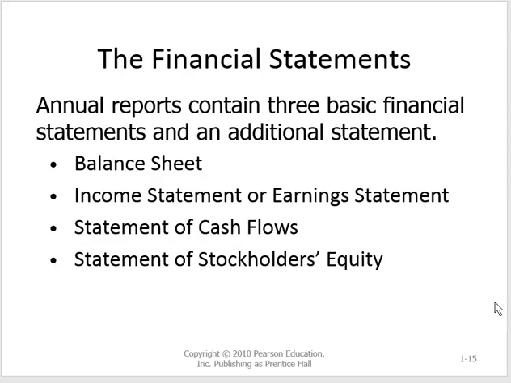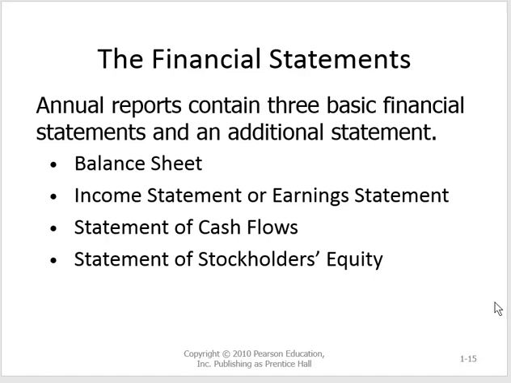So, annual reports contain 3 basic financial statements and then an additional statement for some clarification, if you will. There's a balance sheet that talks about financial position. There's an income statement that reflects operations outcomes.